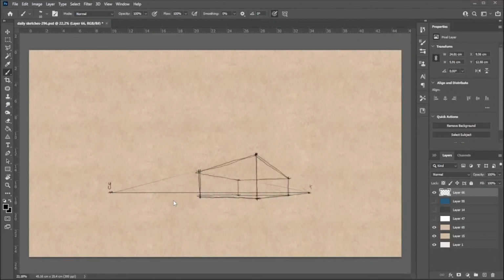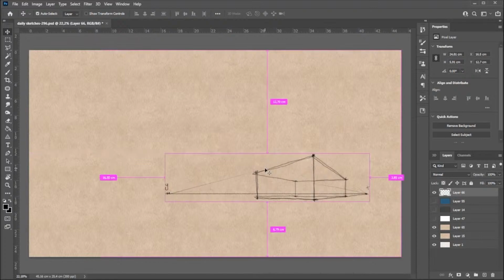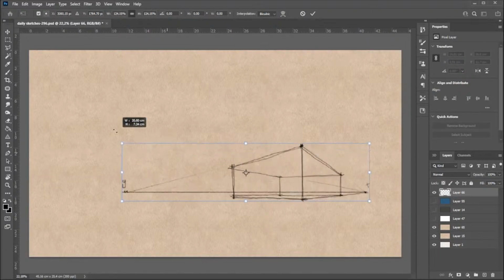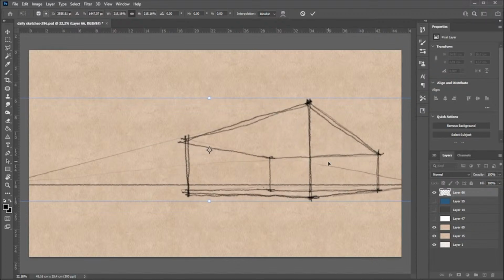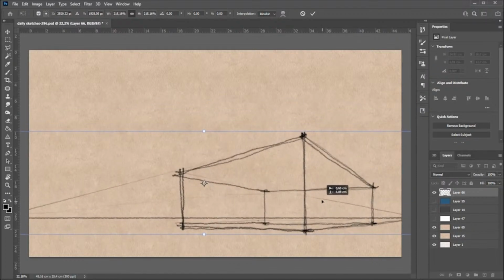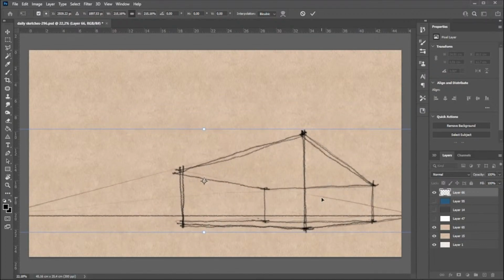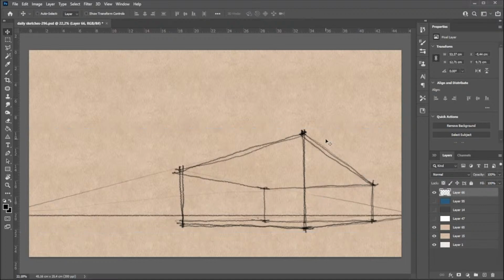So it looks like I can resize this layer. One of the points, or maybe both of them, could be out of my frame. So I can draw that cube much bigger.